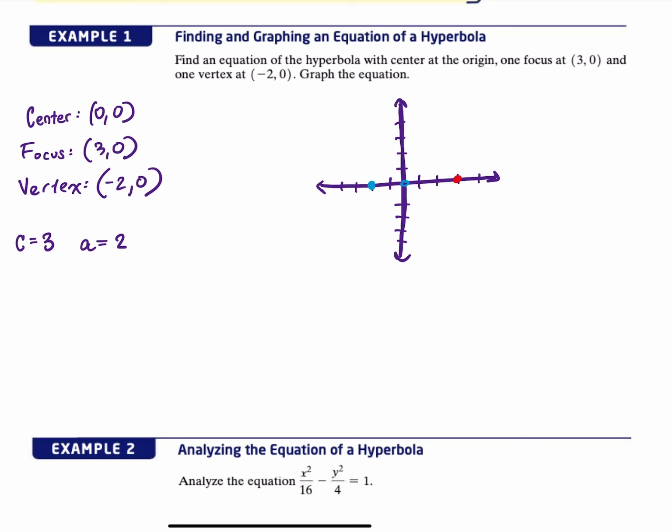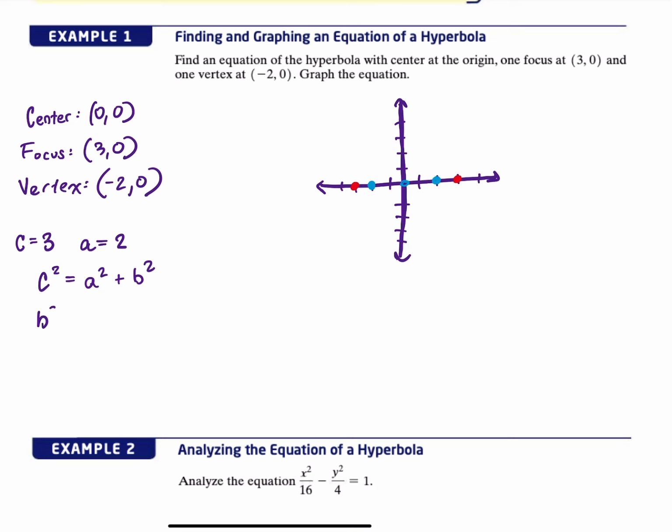And everything should be symmetrical, so that means if I have a vertex at negative 2, 0, I should have another one at positive 2, 0. And if I have a focus point at 3, 0, I should have another focus point at negative 3, 0. So we have our A and C values. Let's find out what B should be equal to. So we'll use the equation C squared equals A squared plus B squared.